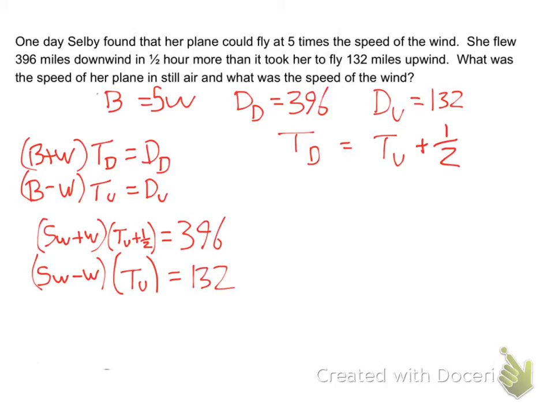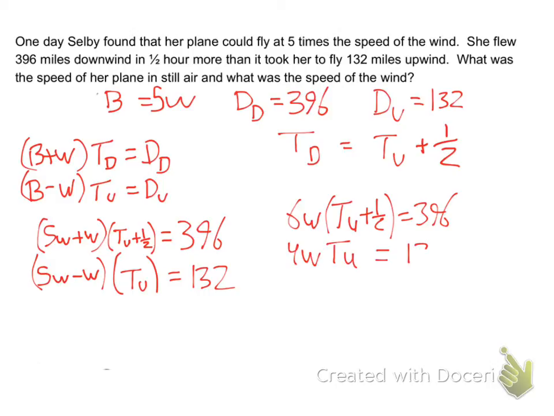How many equations? 2. Now, I'm going to clean them up. What's 5W plus W? It's 6W times TU plus 1/2 equals 396, right? And what's 5W minus W? 4W TU equals 132.